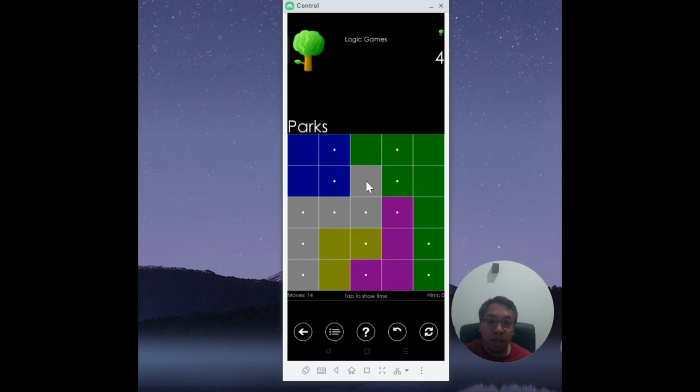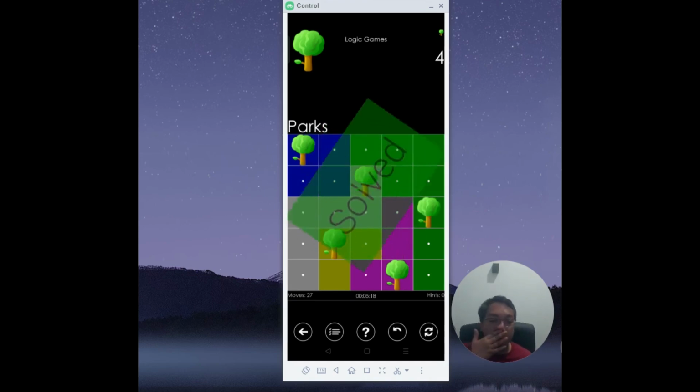So it has to be there for the gray, and we can remove this possibility for the green. We can remove this possibility as well on the second row. Since there is only one possibility for blue, blue is here, gray is here, magenta is here, and the last one.